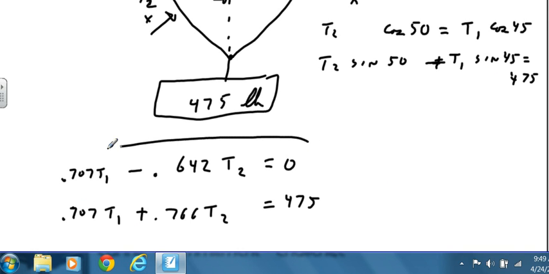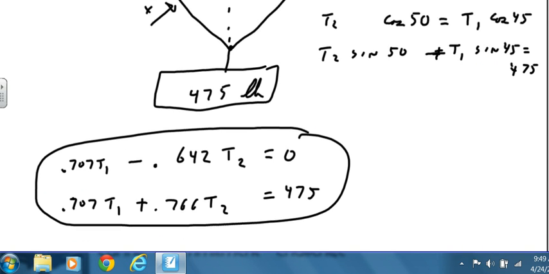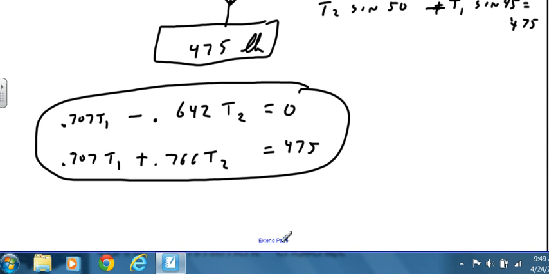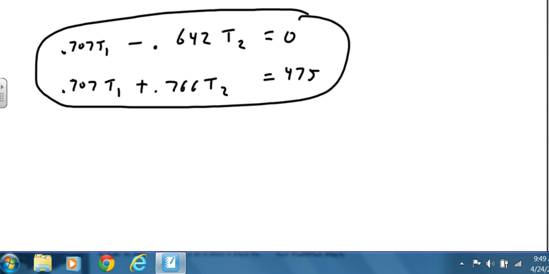Okay, well now I have two equations, two unknowns that I can solve, and because I only have a minute to go in the class, I propose we just put them in a calculator and solve it. So second function, solve a system of equations 2 by 2, and my x component 0.707, my y component minus 0.642, and is equal to 0.